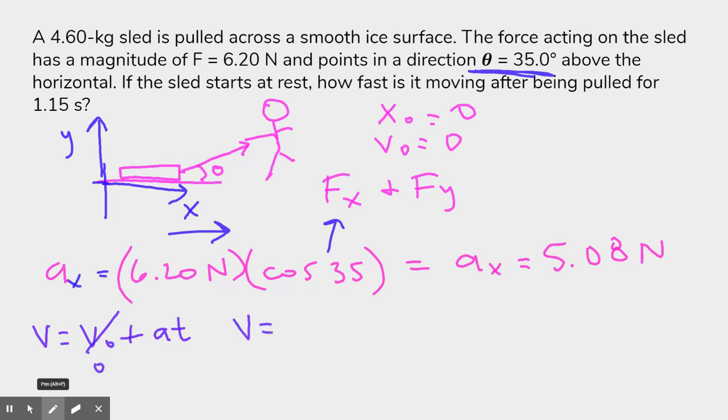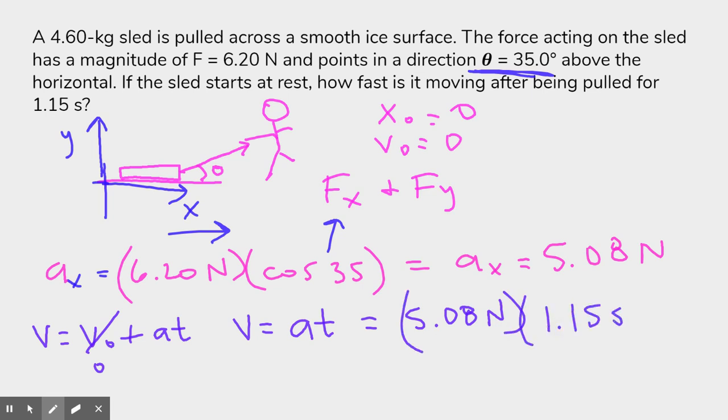And we have that the velocity is equal to a times t. We have both of those values, so 5.08 and 1.15 seconds. So our final velocity is 1.27 meters per second. Okay. I am sorry about all the struggles there.